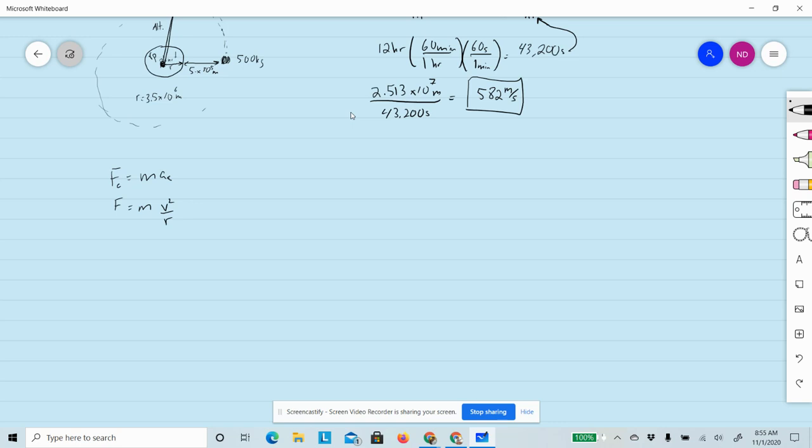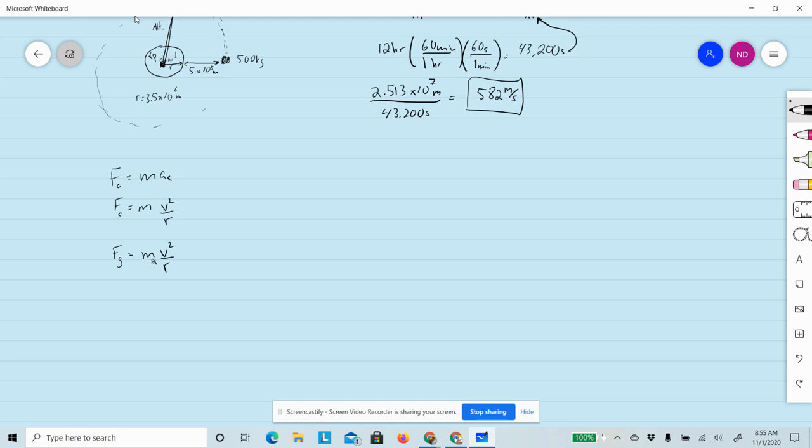Now, this is the centripetal force. The centripetal force is the gravitational attraction. What keeps this pumpkin astronaut in orbit is the gravitational attraction. So really, the force of gravity equals mv squared over r, where m is the mass of the pumpkin astronaut.